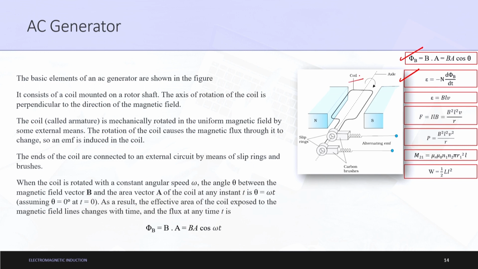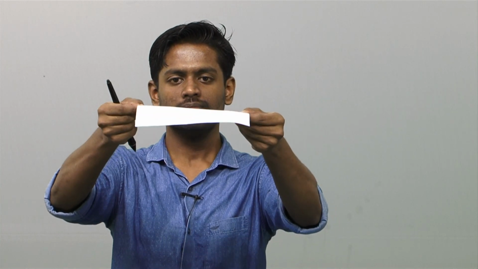There was a coil which was rotating in the magnetic field B with a change in direction. Let me use the paper here. If the magnetic field is directed like this, and this is the coil's area, the effective area keeps on changing.